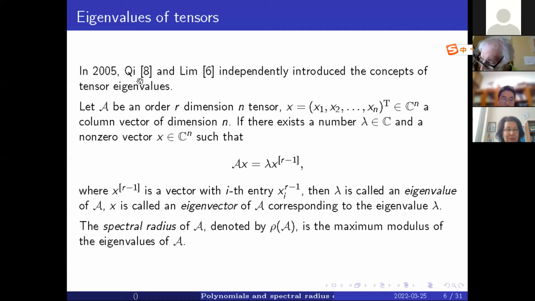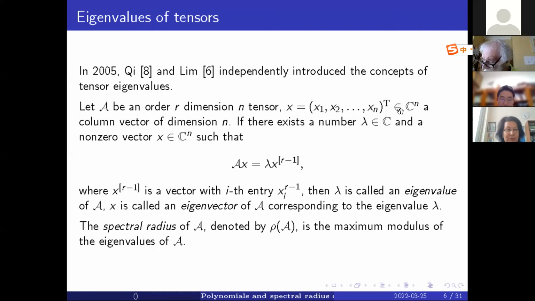In 2005, Qi and Lim independently introduced the concepts of tensor eigenvalues. Let A be an order r, dimension n tensor, and x a vector.